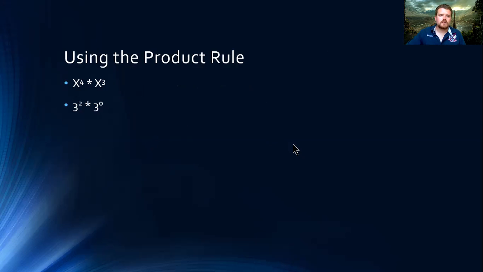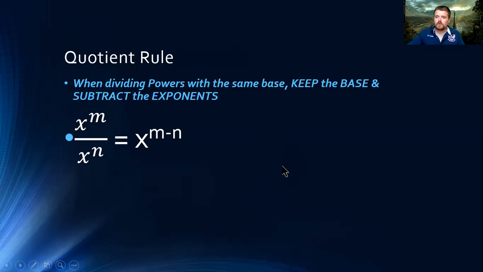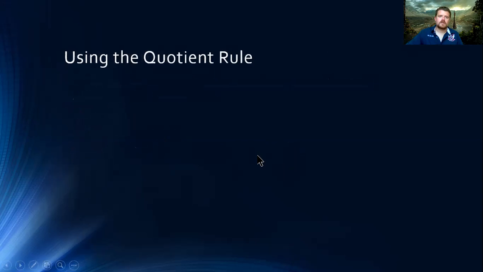Going along, your quotient rule: when you have powers with the same base, and remember, all of these rules are only applicable if the base, or the big number, is the same. So here, if I am dividing powers with the same base, I'm going to keep the base and subtract the exponents. So if I had 2 to the 6th divided by 2 to the 3rd, 6 minus 3, that's 2 to the 3rd power.